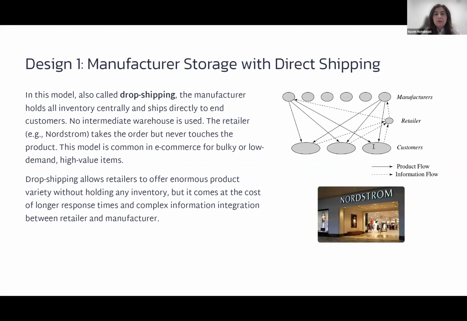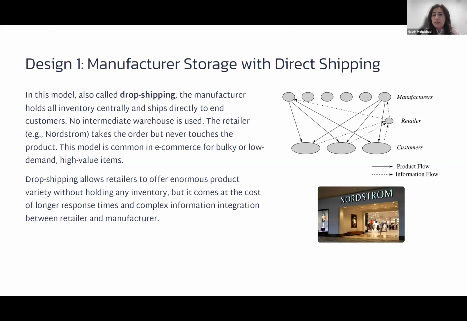First of all, there is a design of a distribution network that is called manufacturer storage with direct shipping. It is also known as drop shipping. I'm sure that you heard about drop shipping before. So what happens in drop shipping is that we do have manufacturers producing different kinds of products. We have retail stores, obviously, and also customers.